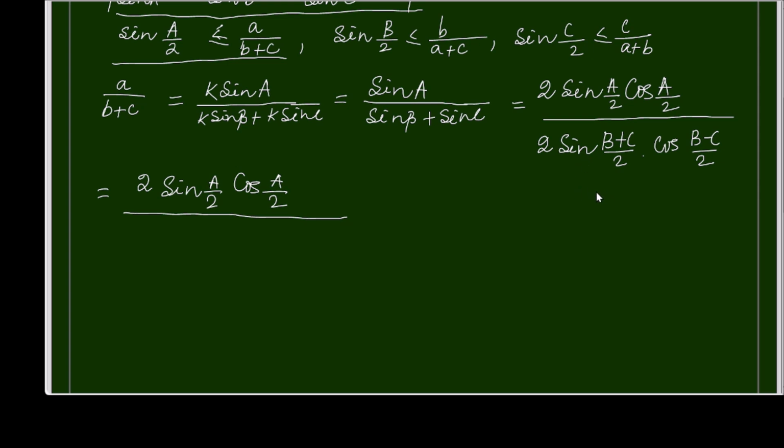We know that in any triangle, A plus B plus C is 180 degrees. So A by 2 plus B by 2 plus C by 2 is equal to 90 degrees.